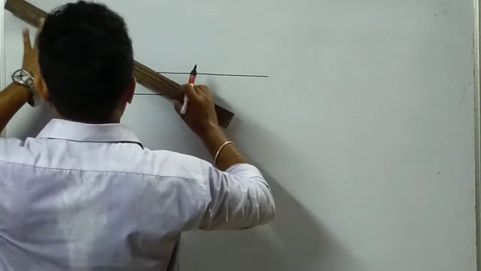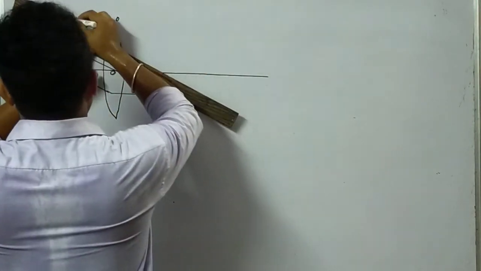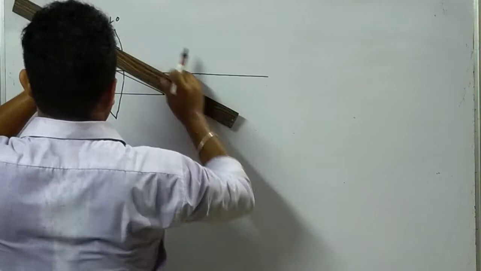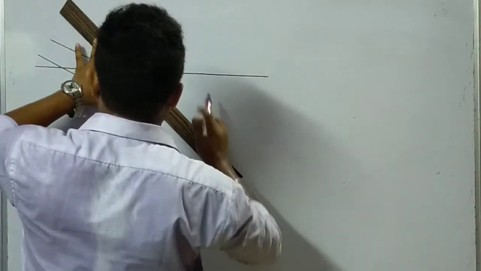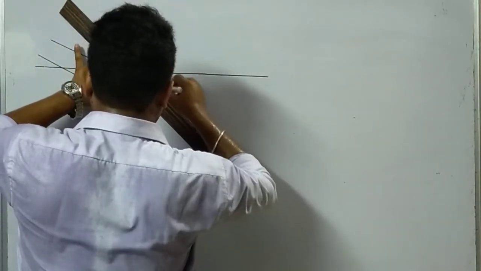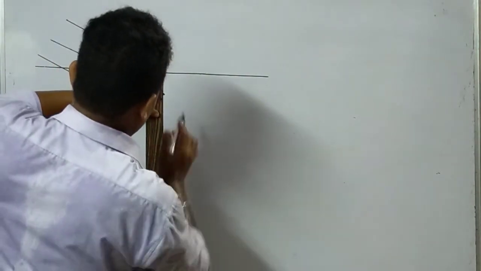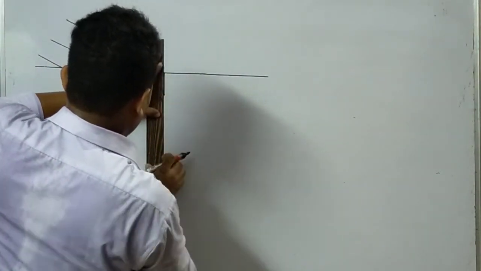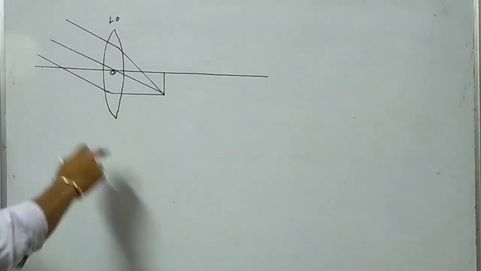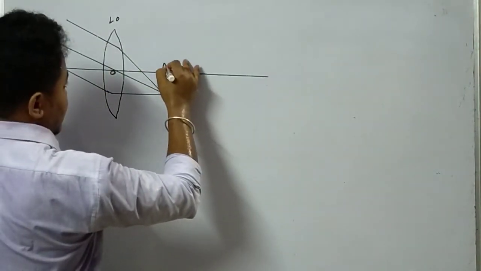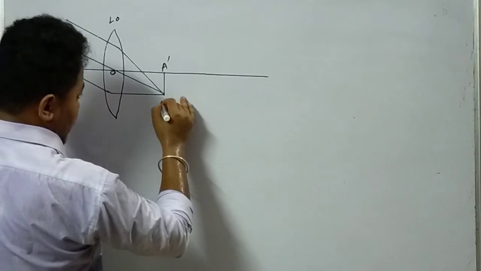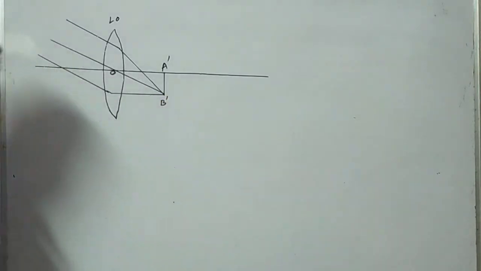Similarly, they are also going to bend in this fashion. So here we get the image. This is the image of the distant object, A'B', and it is going to be a virtual image for you.